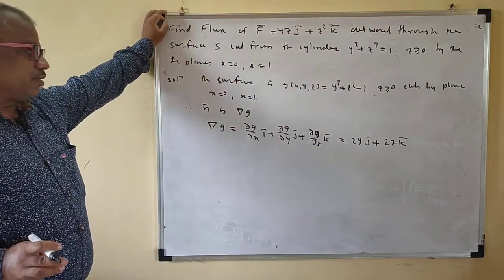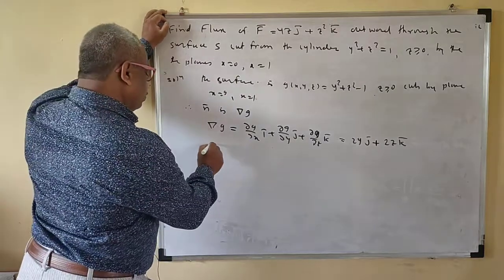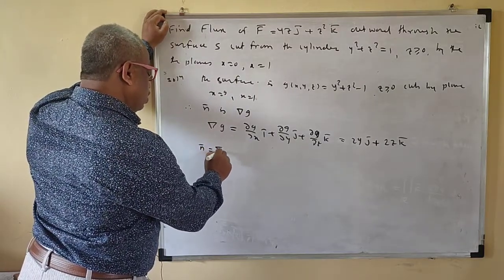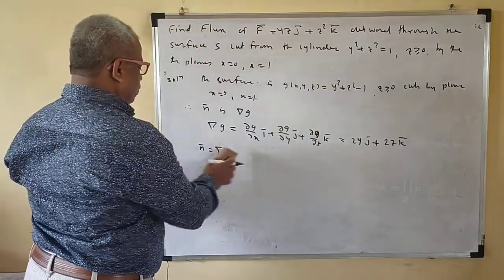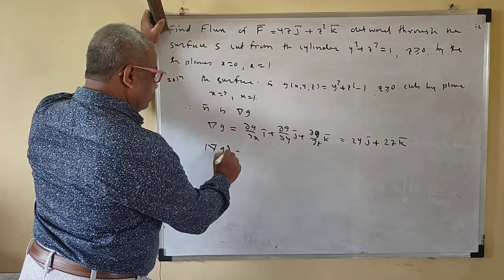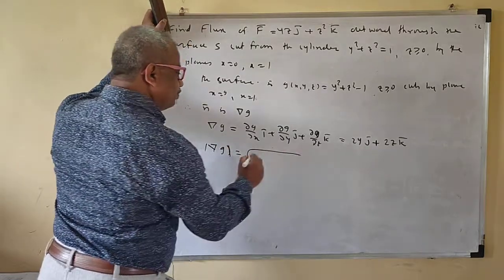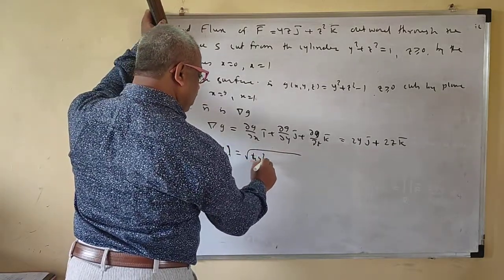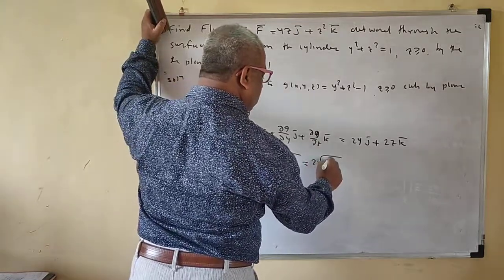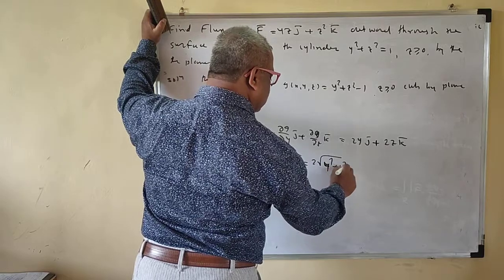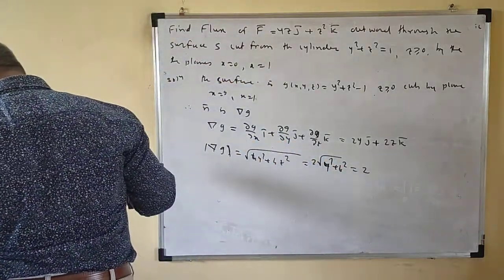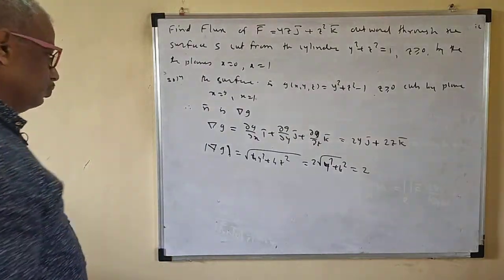Now n bar is equal to, first we'll find the magnitude of this one. Mod of ∇G is root of 4y² plus 4z², so this is 2 root of y² plus z², which is 1, so this is 2.